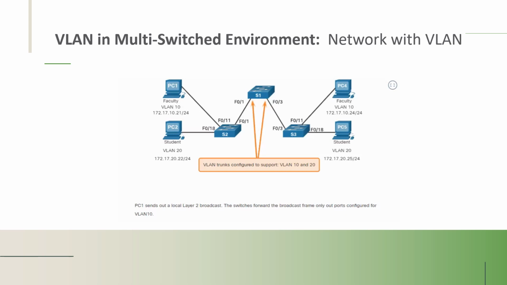So you see that the ports that comprise the connections between switch 1 and switch 2 and between switch 1 and switch 3 are trunks and have been configured to support all the VLANs in the network. When switch 1 receives the broadcast frame on port F0/1, it will forward that broadcast frame out of the only other port configured to support VLAN 10, which is port F0/3.